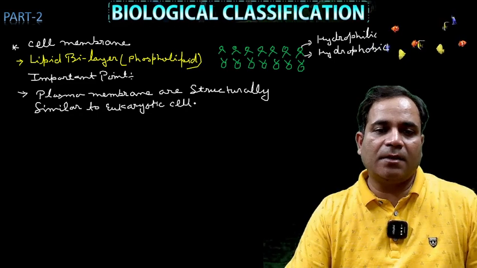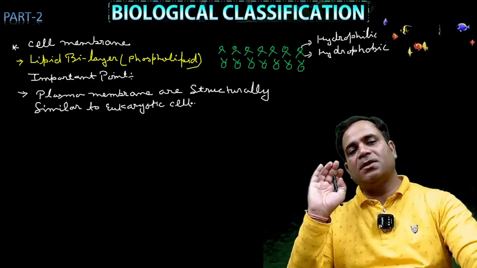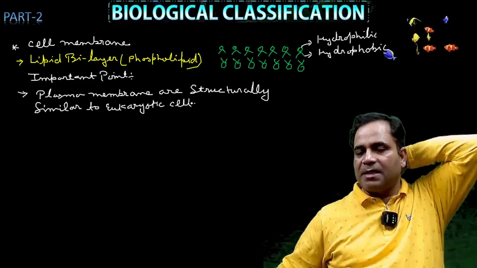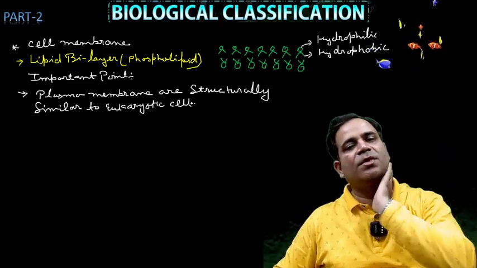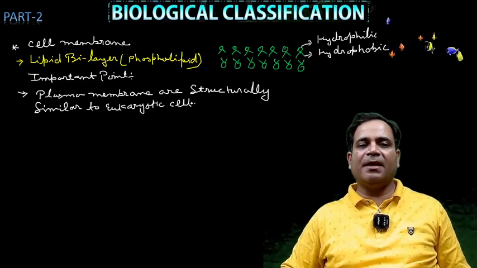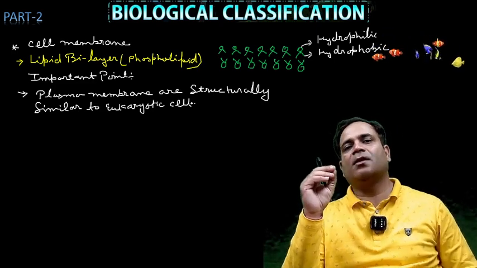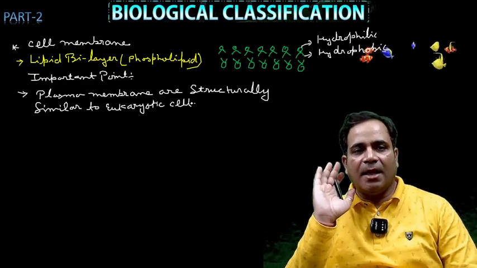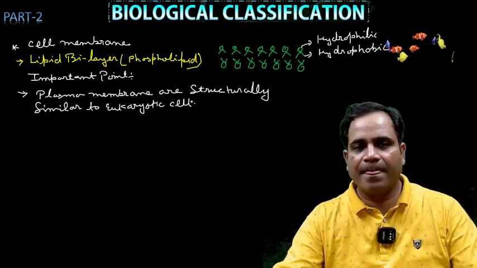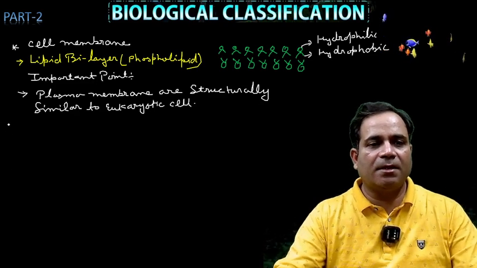If anybody asks you about the plasma membrane, it is structurally similar to the eukaryotic cell. The plasma membrane of a eukaryotic cell is also found in bacteria. Correct? Now next point is mesosome.